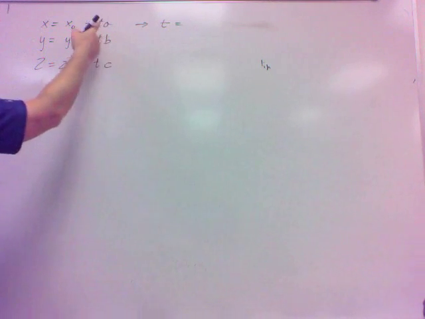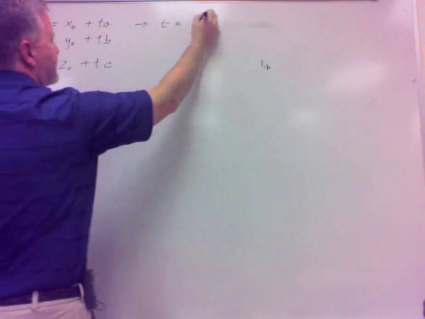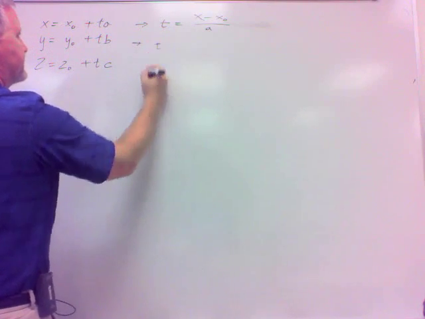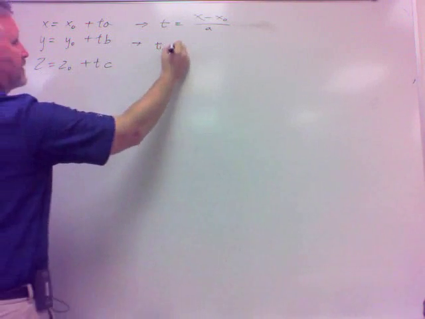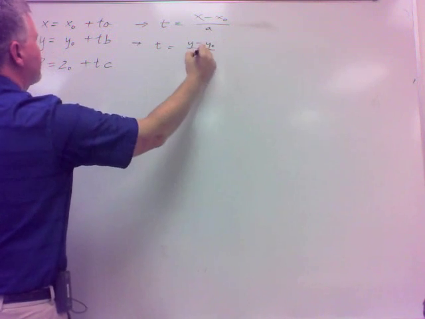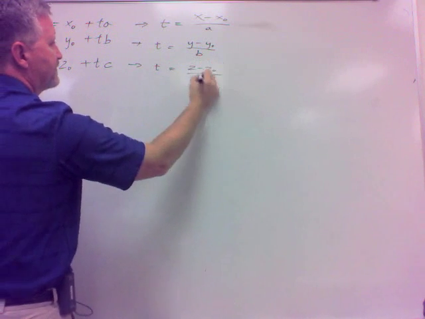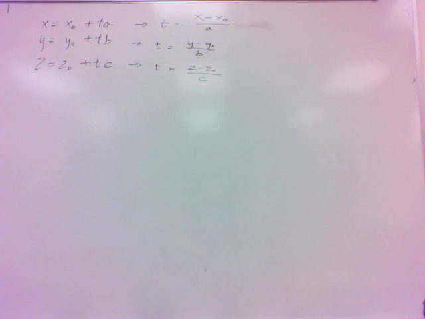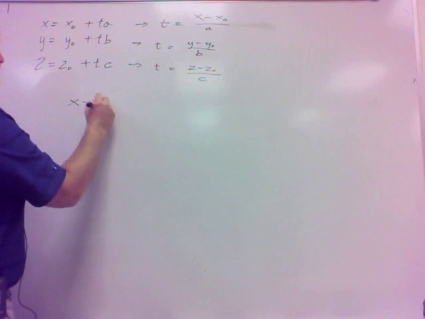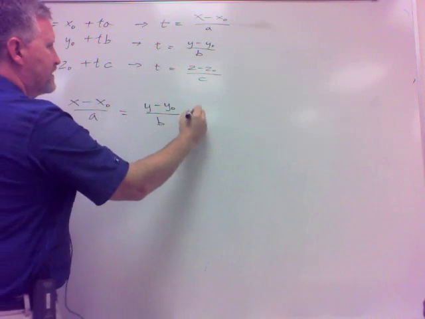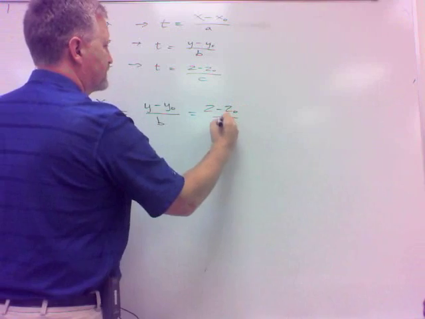Here we get t equals (x minus x0) over a. Here we get t equals (y minus y0) over b. And this one gives us (z minus z0) over c. Well, that sets up a nice little equation, since all those are equal to t: (x minus x0) over a must equal (y minus y0) over b, which must equal (z minus z0) over c.